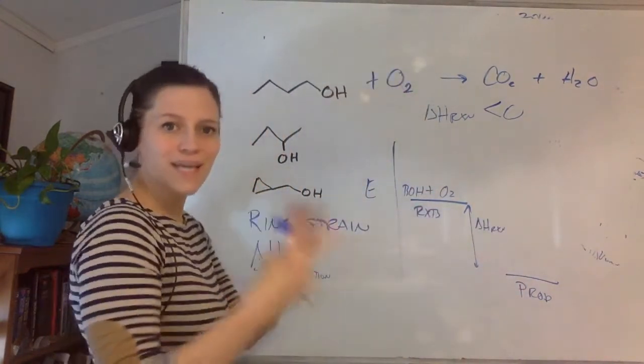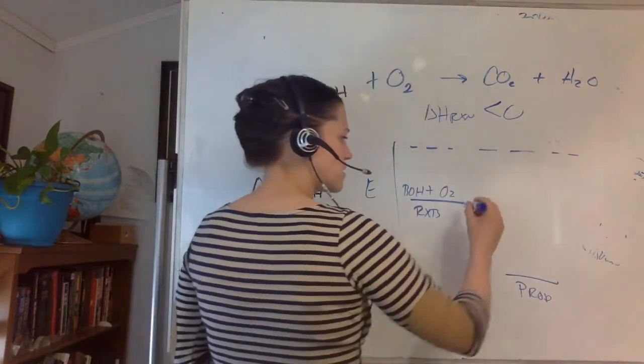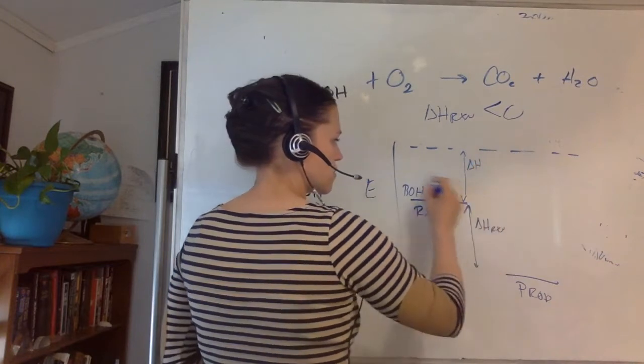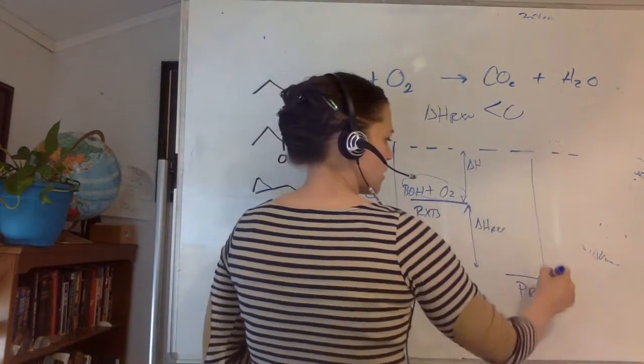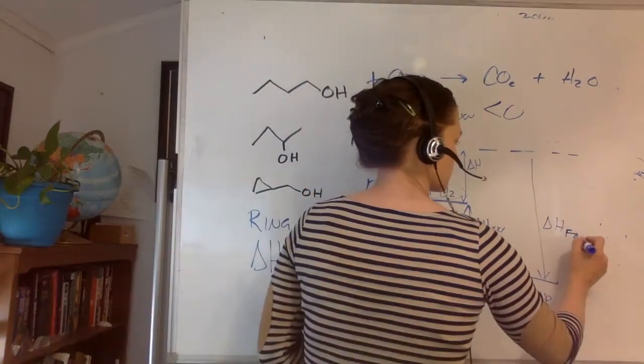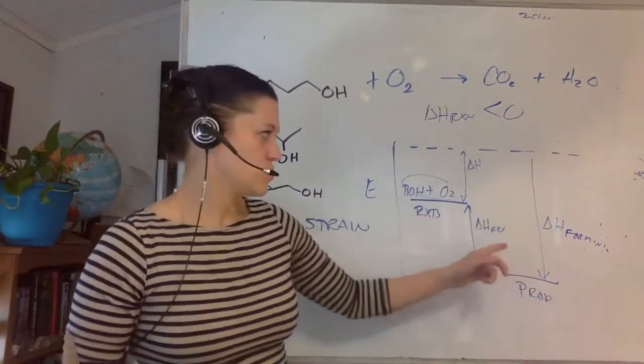But we all know it takes energy to break bonds. So the way that you would represent this schematically is to say, okay, so here's the delta H associated with breaking all of these bonds. Here's the delta H of forming. And then you take the difference between those two.